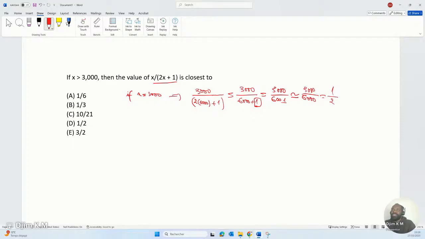Okay, so it's telling us to find the value that is closest.